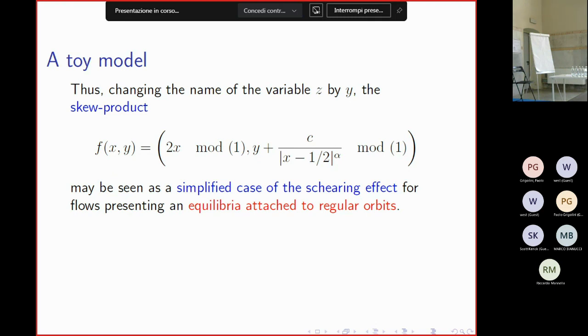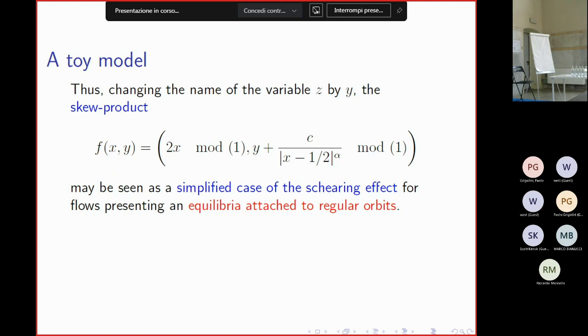In the first coordinate, you have the doubling map, and on the second coordinate, you have a translation by this kind of map here, where c is a constant, and the term is c times (x minus a half) to the power alpha. You put this modulo 1, and then you get this map on the torus.